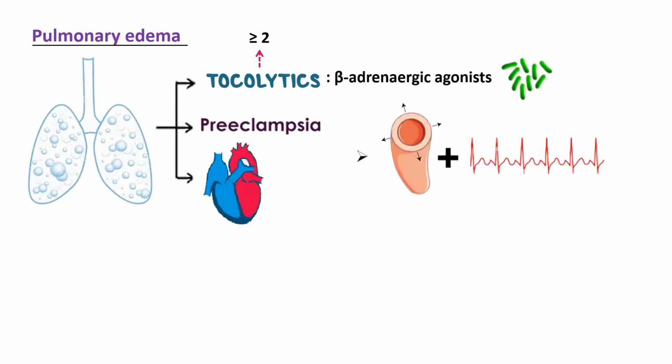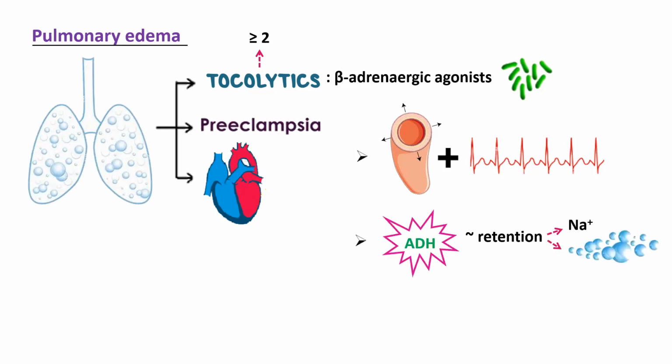And peripartum cardiomyopathy. So in preeclampsia, they tend to have vasodilation and tachycardia, which puts an effect on the cardiac component, putting them at a risk of developing pulmonary edema. And there will be activation of antidiuretic hormone with increased retention of sodium and water, which also puts them at a higher risk of developing pulmonary edema.